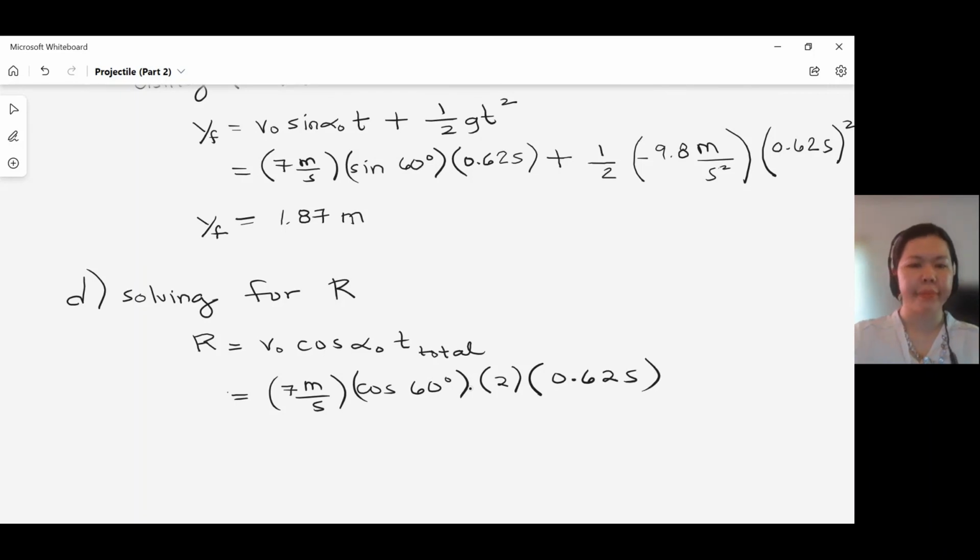Using your calculator, 7 times cosine 60 times 2 times 0.62, you should get an answer of 4.34 meters for the range.